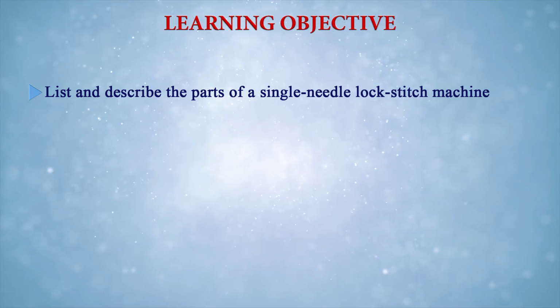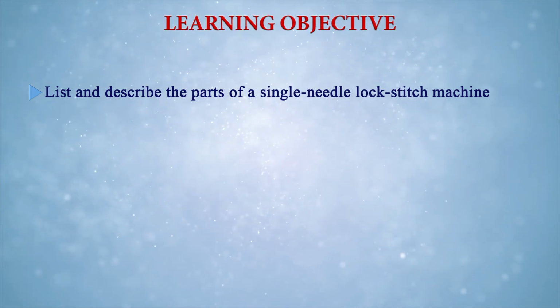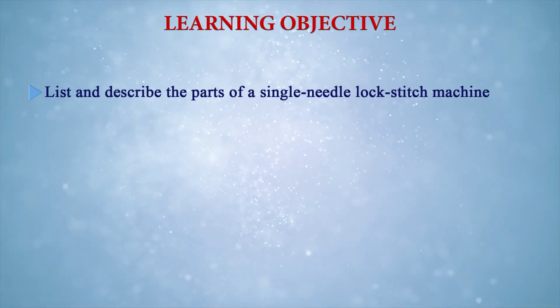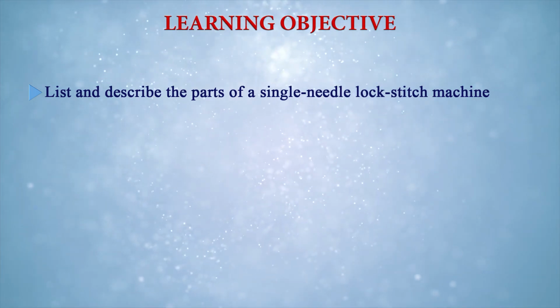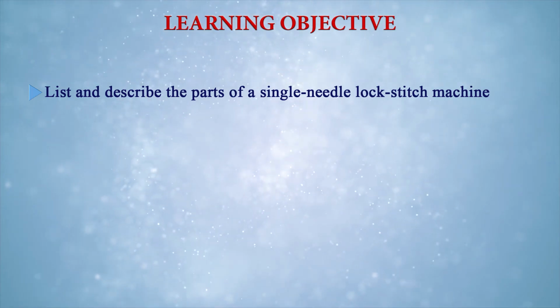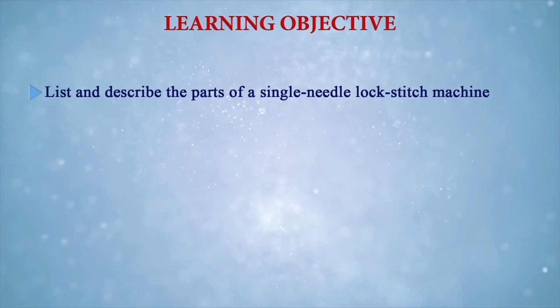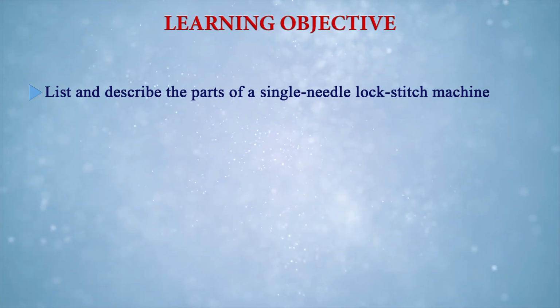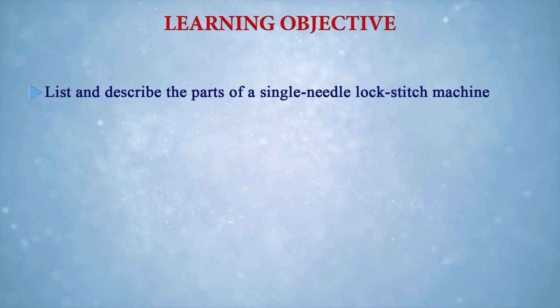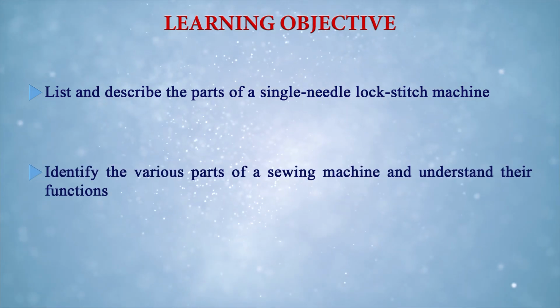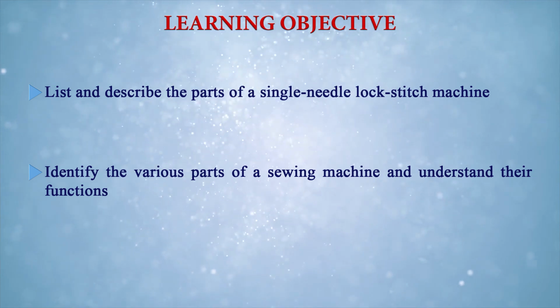In the later part we will discuss that there are different types of sewing machine. So when you go through this unit, you will know very well what the single needle lock stitch machine is and about its different parts, and you can identify its various parts and understand their function.